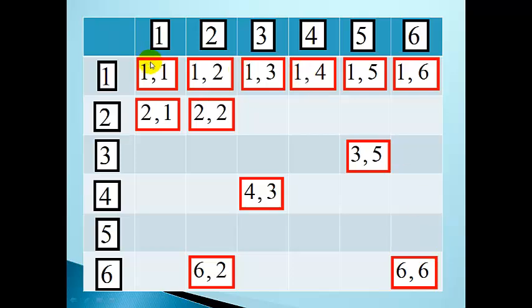Now, when you have a dice being thrown twice, or 2 dice being thrown once, it means you have to match 1, 2, 3, 4, 5, 6. That's the sample space when the dice is tossed once against another die being tossed once.